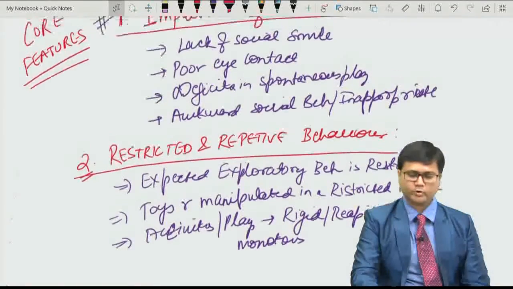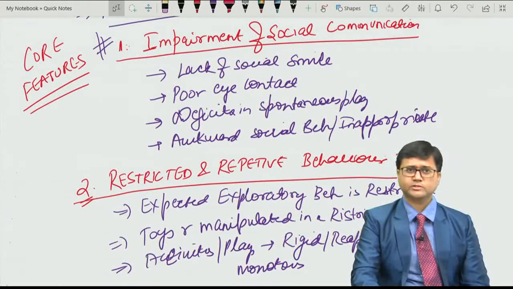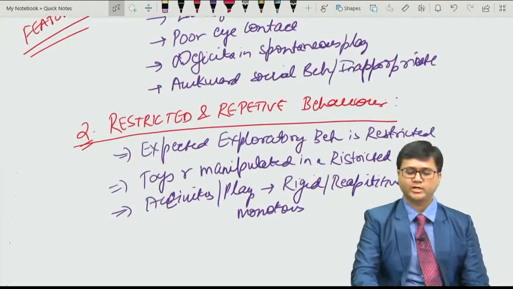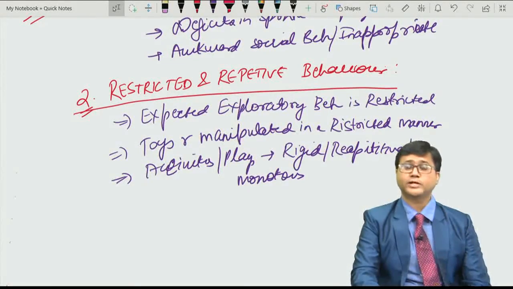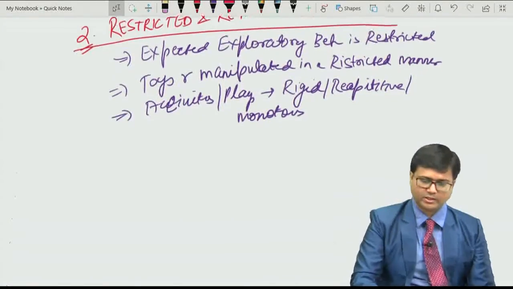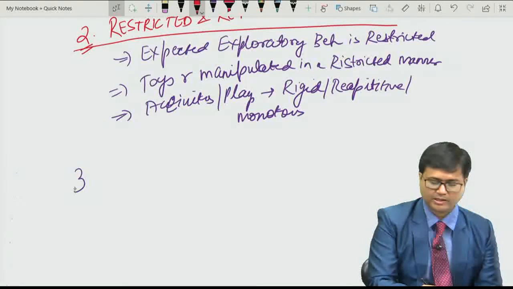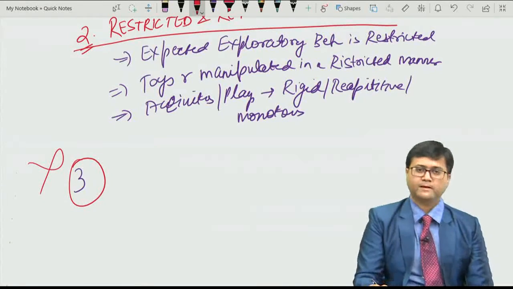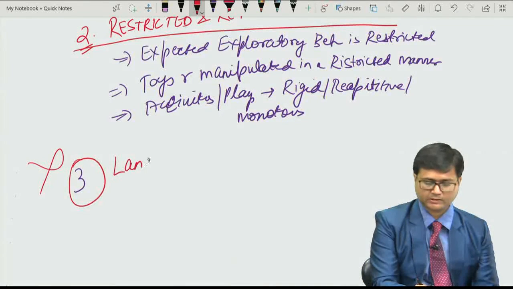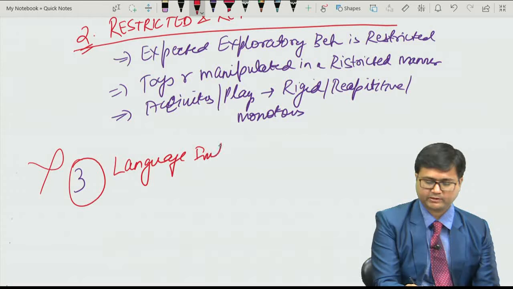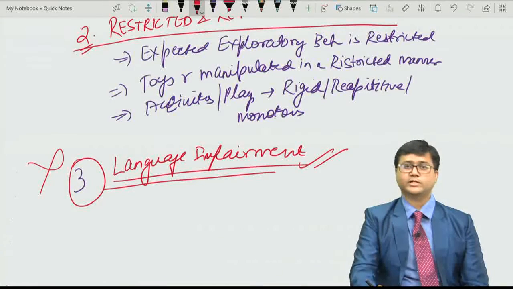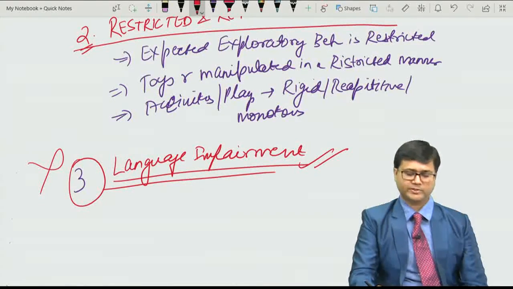So these are the two important core features: impairment of social communication and restrictive and repetitive behaviors, which are generally seen, may be seen even in infants. Now there was earlier another criterion which is now removed, which was language impairment. Language impairment may be seen, but it is not a diagnostic criterion for diagnosing autism spectrum disorder.